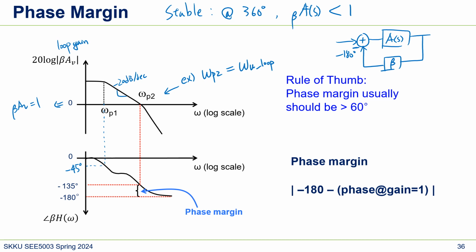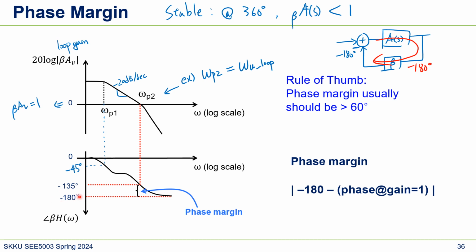So we want to see 180 degrees. So what's the phase here? This is at 1, this is 135. Is this stable? Yes, this is stable.